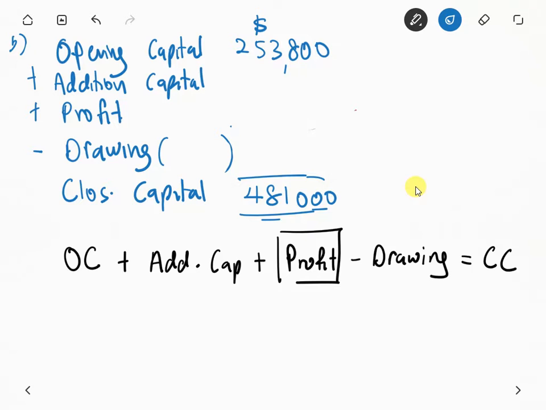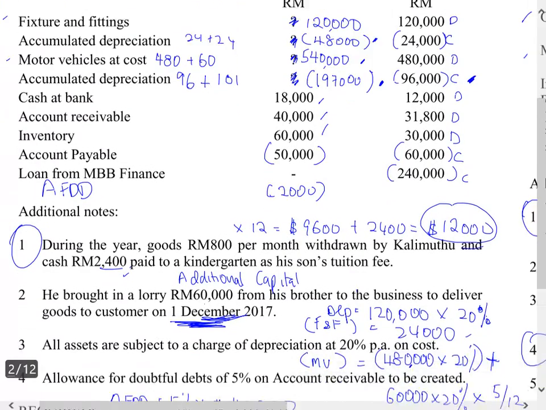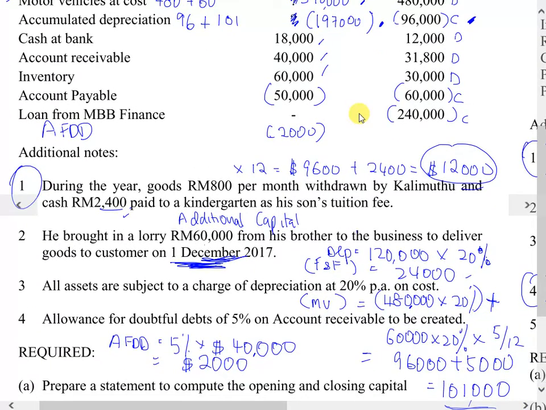Let's look at the note which one is given, because they ask us to find the profit. Is additional capital given? Note 2. He brought in 60,000 additional capital. Note 1. There's a drawing of 12,000. Additional capital 60.